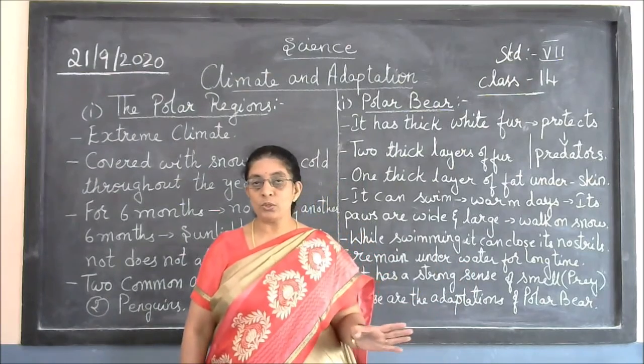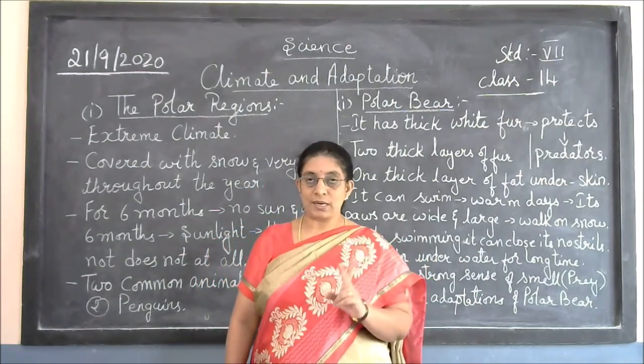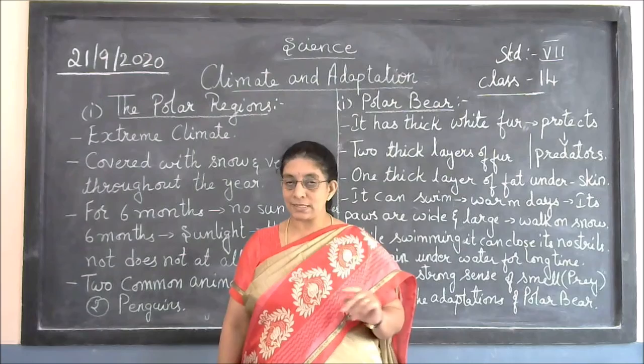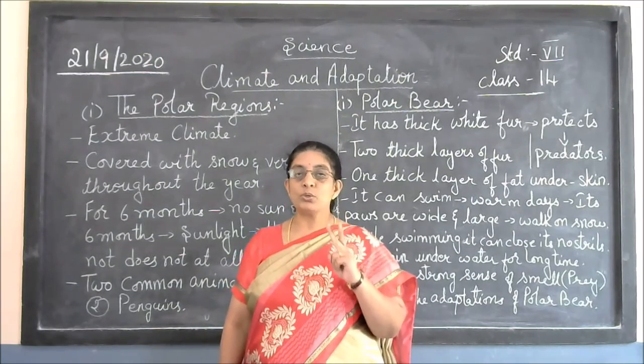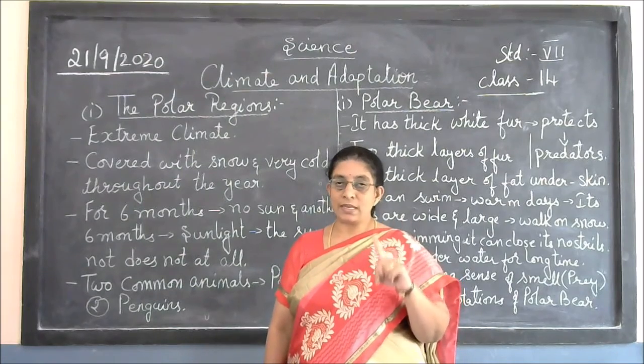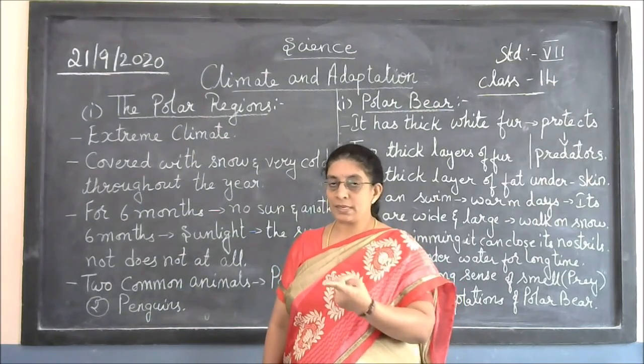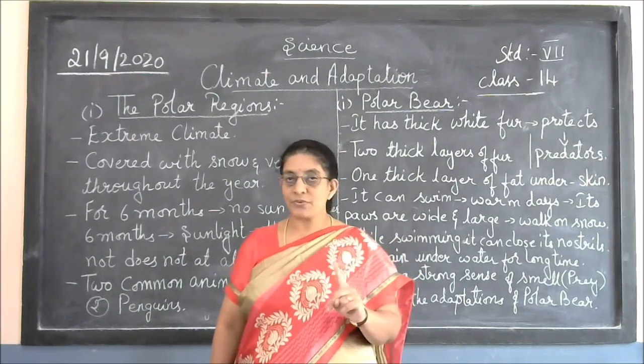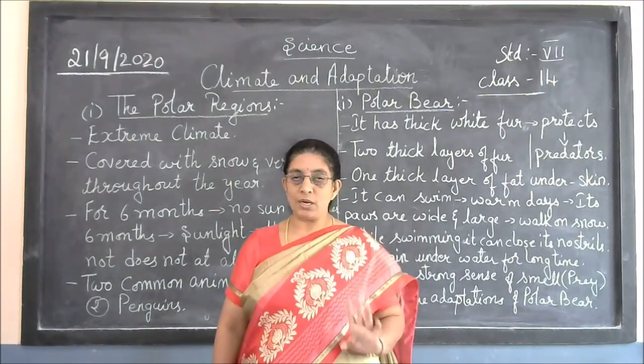Then I told you that, according to the climatic conditions, in this lesson we are going to read about two different climates. One is the polar region and the other one we will see next. First we are going to do the polar region.